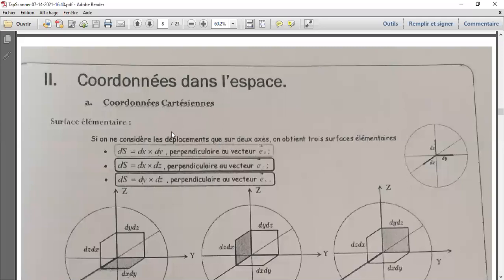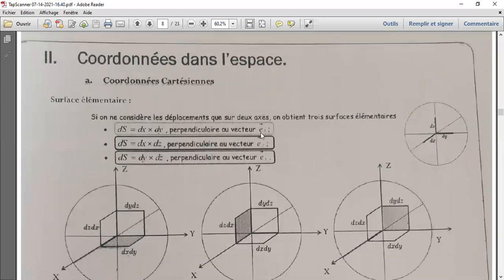If you remember under Cartesian, we said ds is equal to dx times dy, which is perpendicular to Ez. So you always put the vector which is not in your calculation.